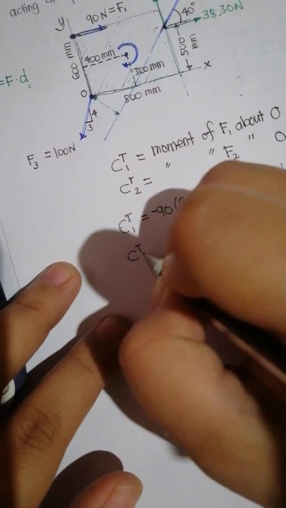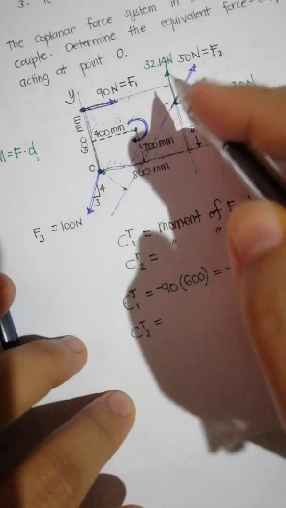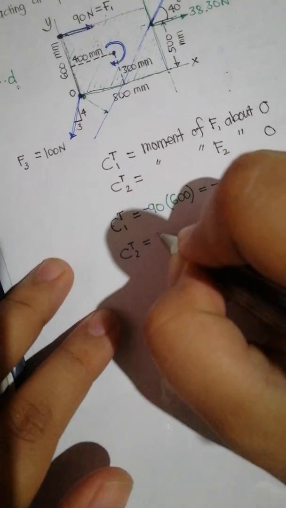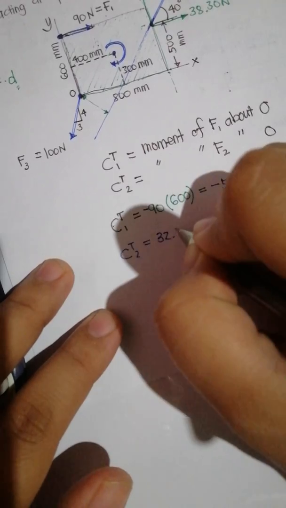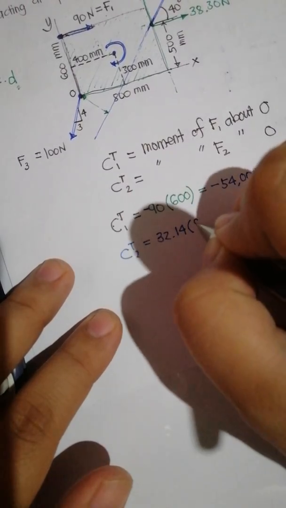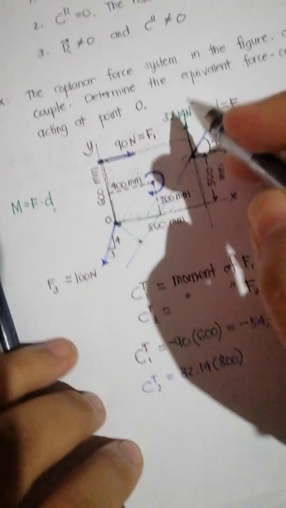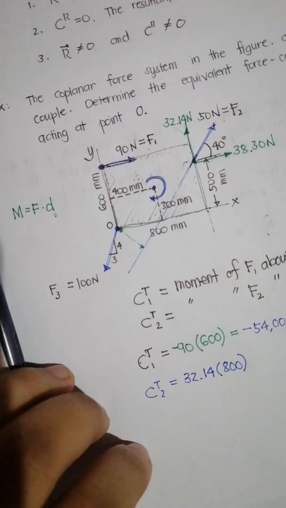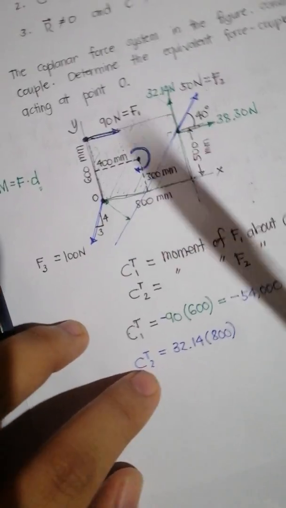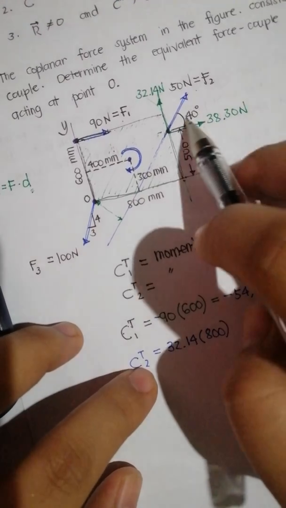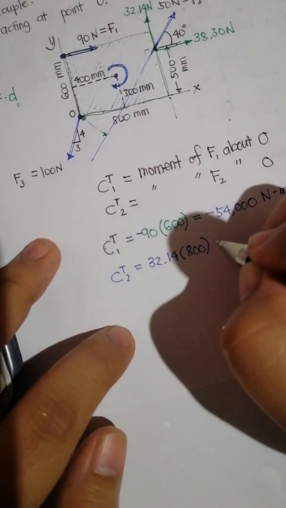So, for second couple of transfer, we start with 32.14. Distance is 800. Positive since it's counterclockwise by right thumb rule. But as for the 38.3 component of the 50 Newton force, it would be negative.